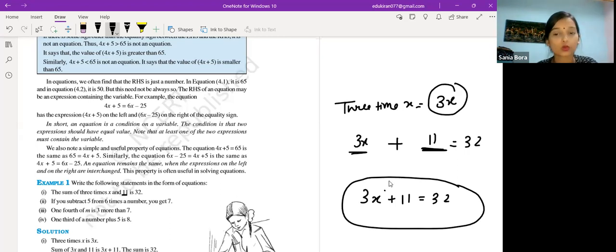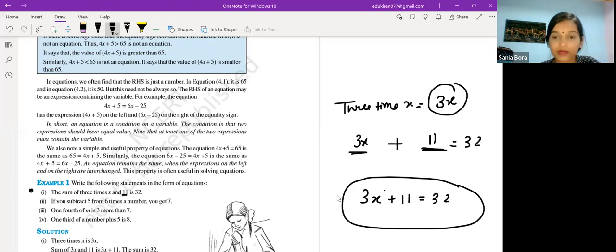It will give 32. So you wrote 3x plus 11 equals 32. Clear? Whatever they are saying, whatever I am telling you, you have to write it down. That's it. Over here, they have given you a statement. You have to make it a numerical term. That's it. Clear? Okay. Everyone?